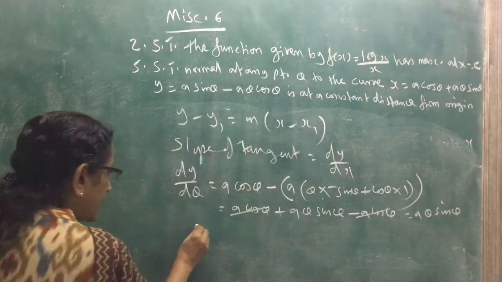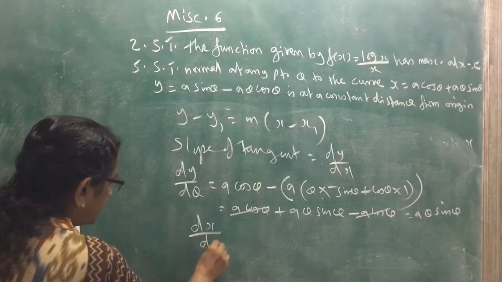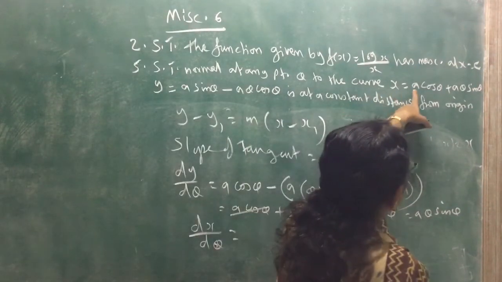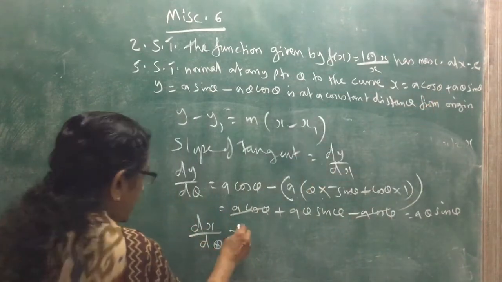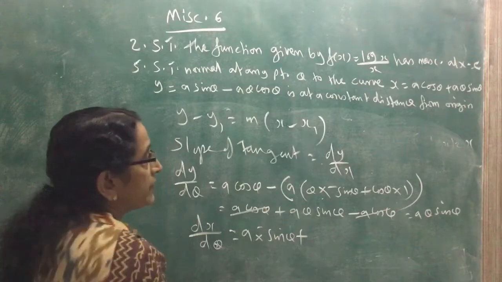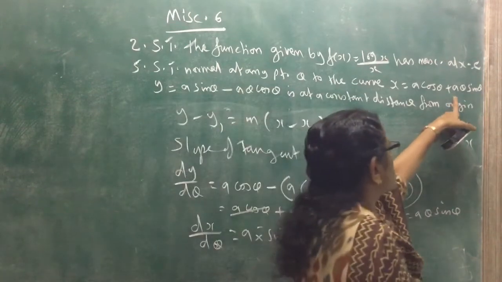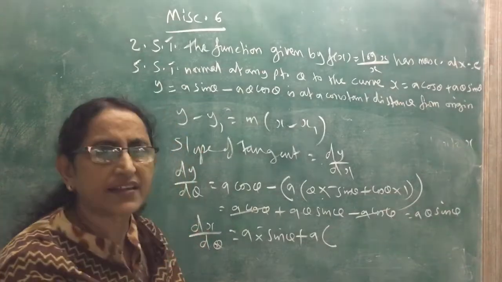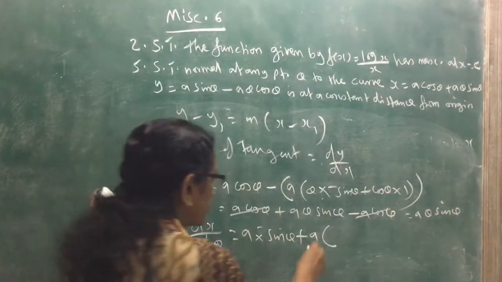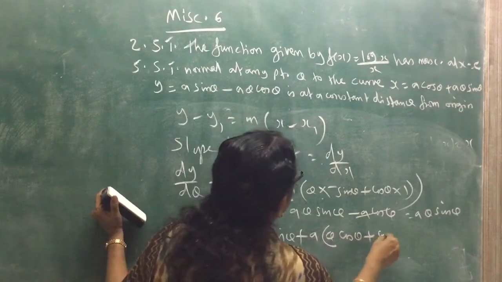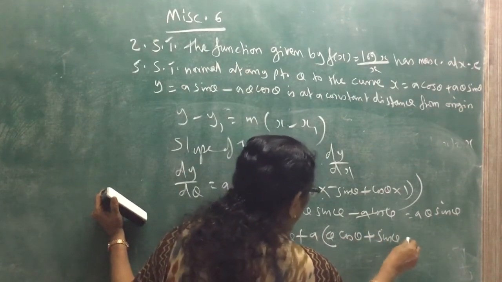Now we find the derivative of x, dx by d theta. This is x: the derivative of a cos theta, a into negative sin theta, plus the derivative of a theta sin theta. So a is a constant, then for the derivative of theta sin theta we apply the product rule: theta into the derivative of sin theta, cos theta, plus sin theta into the derivative of theta, 1.